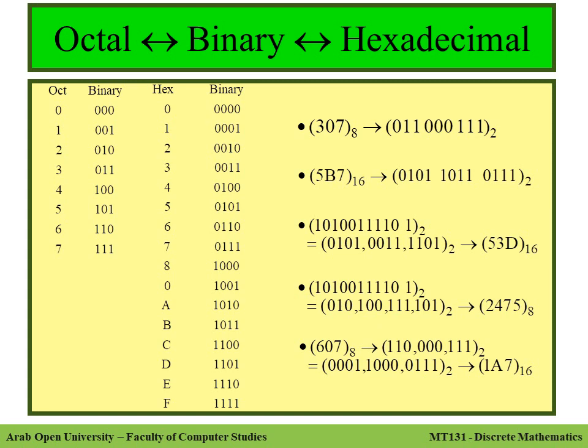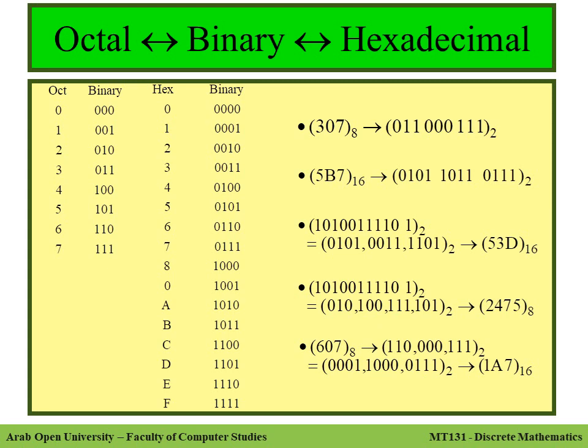The final group, 0101, is equivalent to 5, so just replace it by 5. This conversion gives you the number in base 16 in one step.